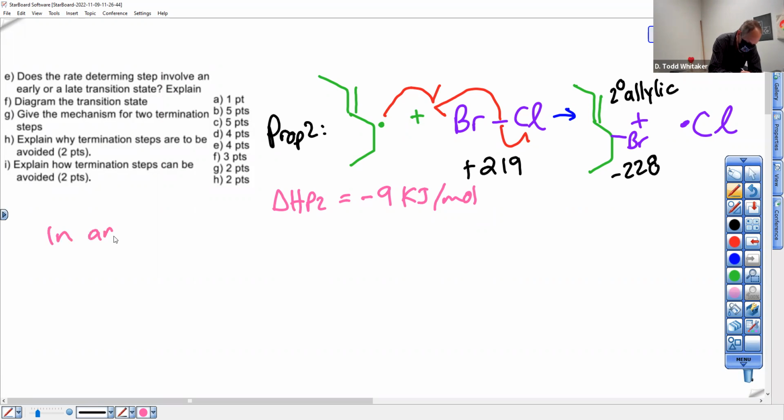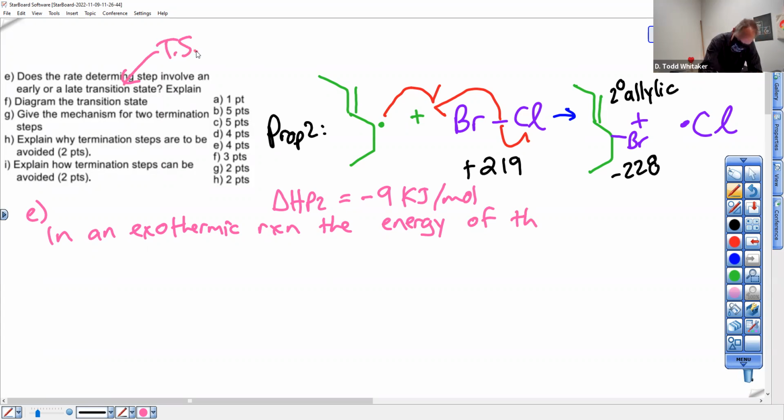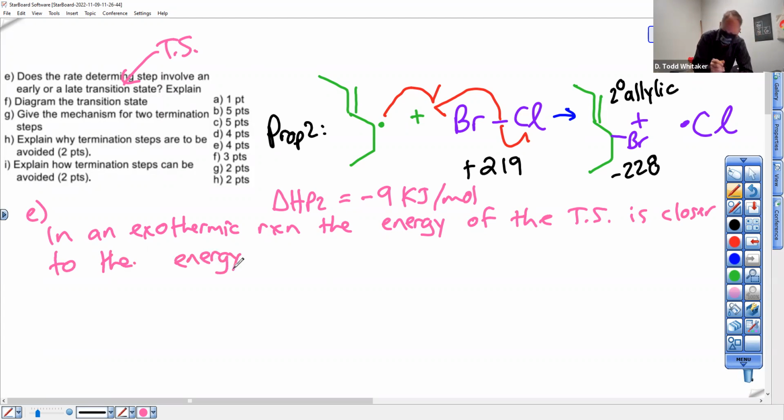In an exothermic reaction, the energy of the TS, and I defined it at the top of the page while you weren't looking, the energy of the TS is closer to the energy of the reactant. Notice you haven't talked about how the molecules appear yet.